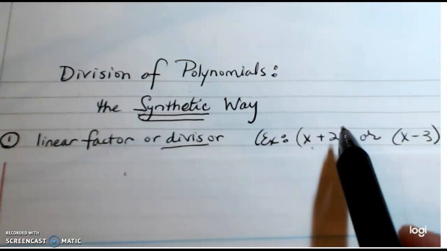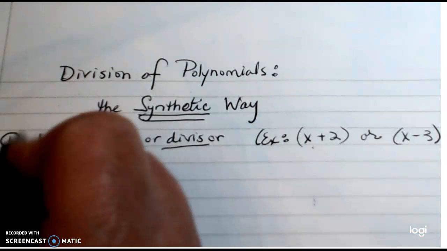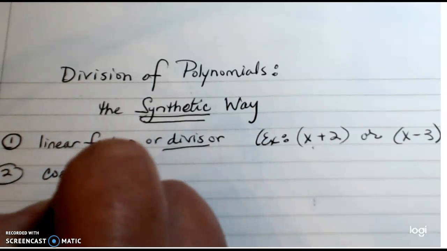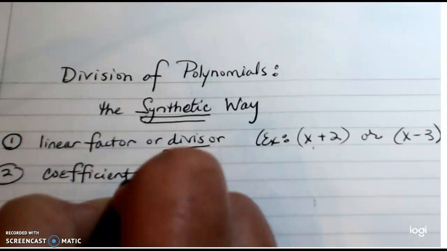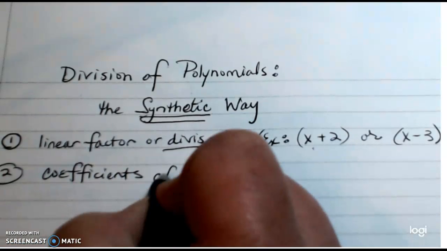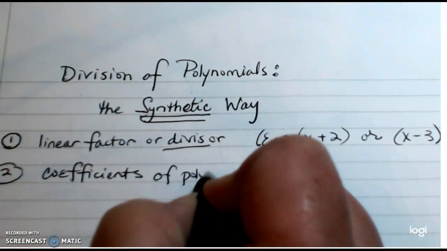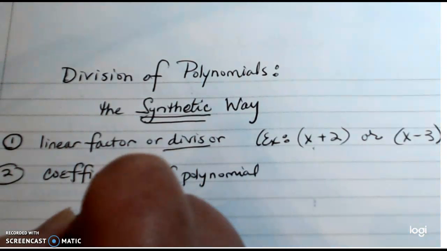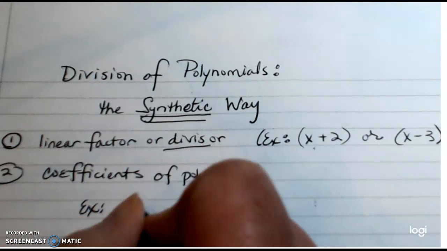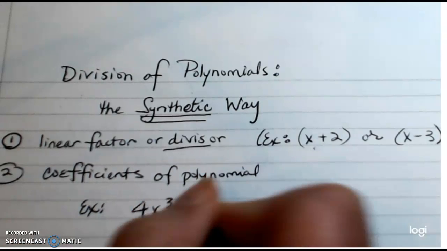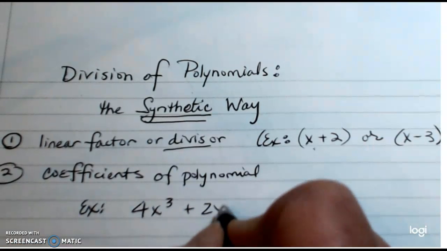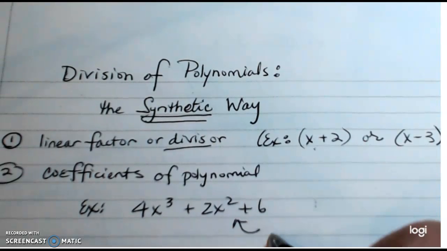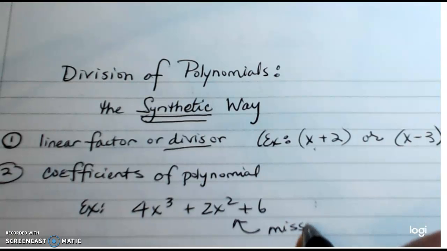And you also need to know the coefficients of your polynomial. And make sure that you fill in any missing coefficients of your polynomial, so for any missing terms. So for example, if your polynomial was 4x cubed plus 2x squared plus 6, you are missing the linear term.